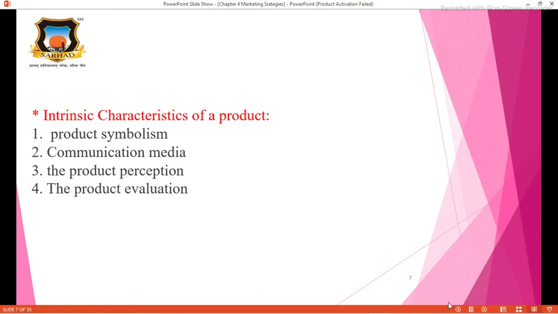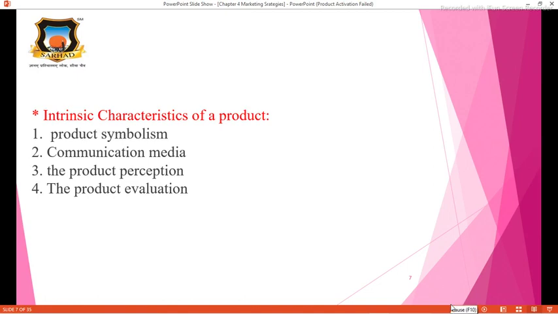Every product is a storyteller about what it is, what it is used for, at what rate, by whom, where it is available, and so on. With every product there is information given or hidden.